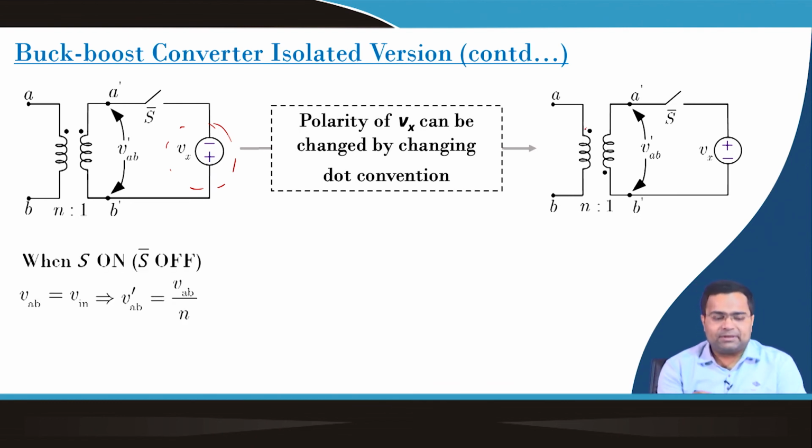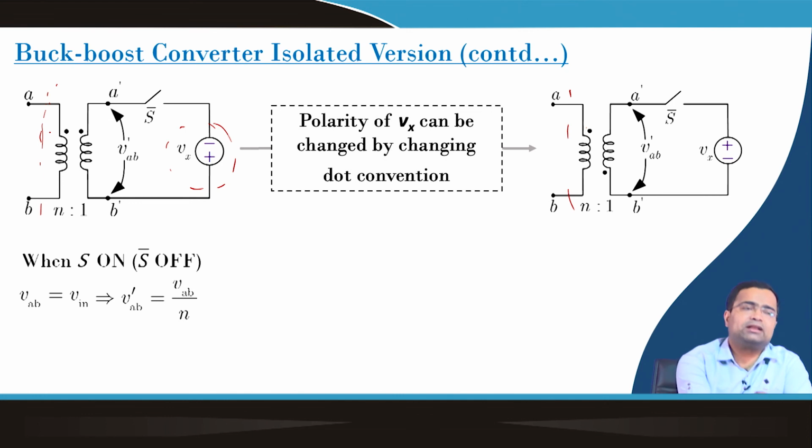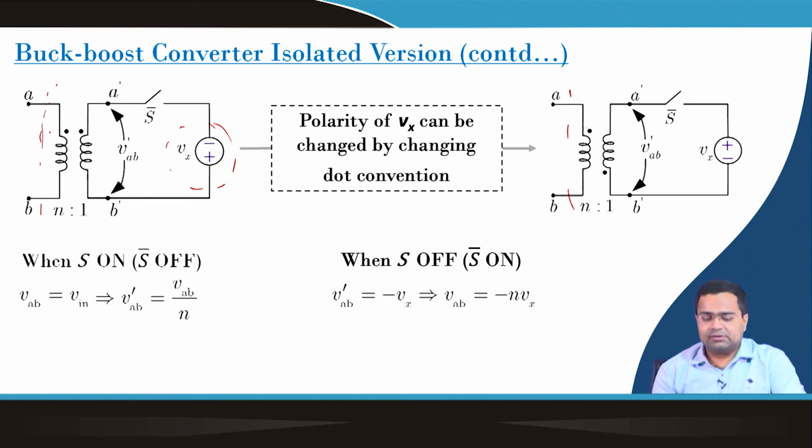Now, this part we are taking from after the inductor side of the regular buck boost converter, and we have used a transformer with this dotted convention. Depending upon whether the switch is on, you will see the input voltage across this terminal where the inductor is connected to the left side. When the switch S is off, then S bar is on, so what voltage will be seen across VAB? It will see minus Vx.